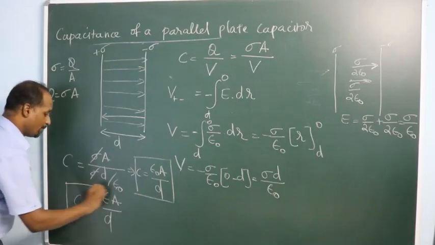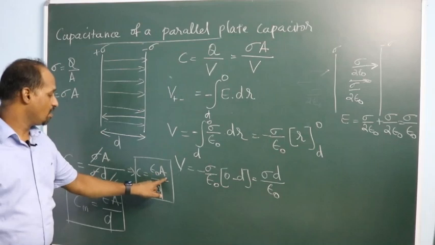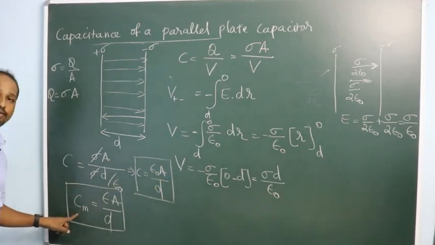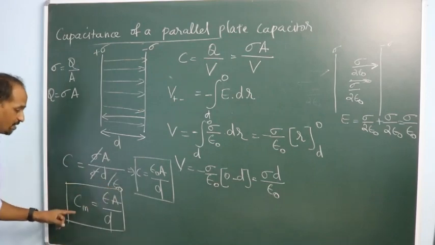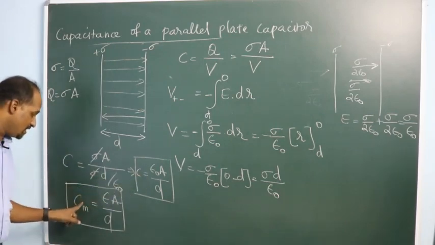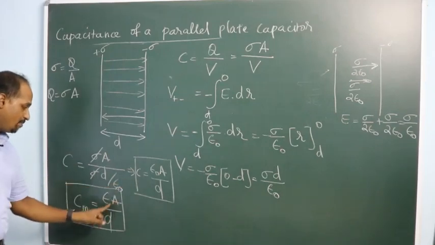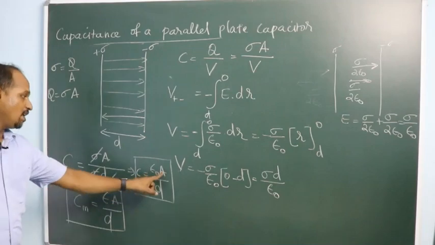Then the capacitance of a parallel plate capacitor with vacuum in between will be epsilon naught A by d, and with the dielectric medium in between it will be epsilon A by d. These two things you have to remember very carefully, because sometimes you need to find the ratio, C medium by C vacuum: epsilon A by d by epsilon naught A by d.